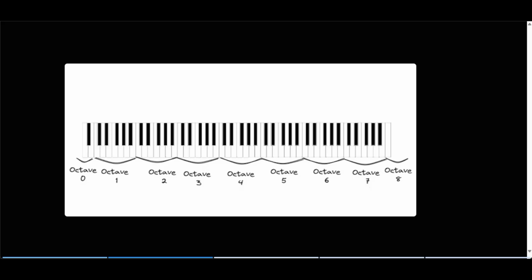This is C2, D2, E2, F2, G2, A2, B2. So this would be C5, D5, E5, G6. This would be A6, B6. This would be C8. I hope you got it.